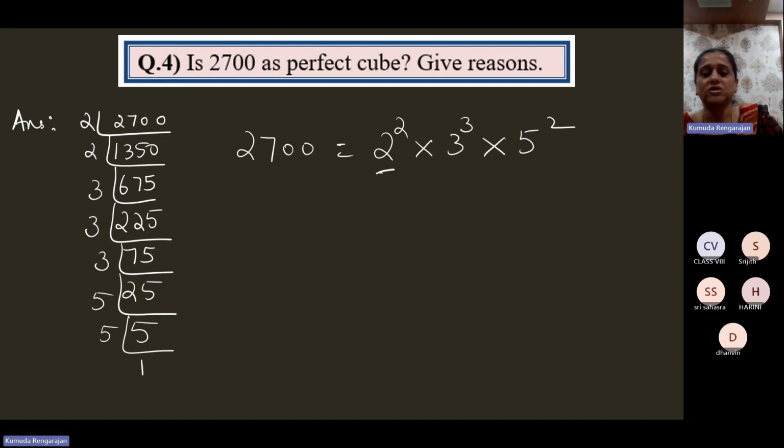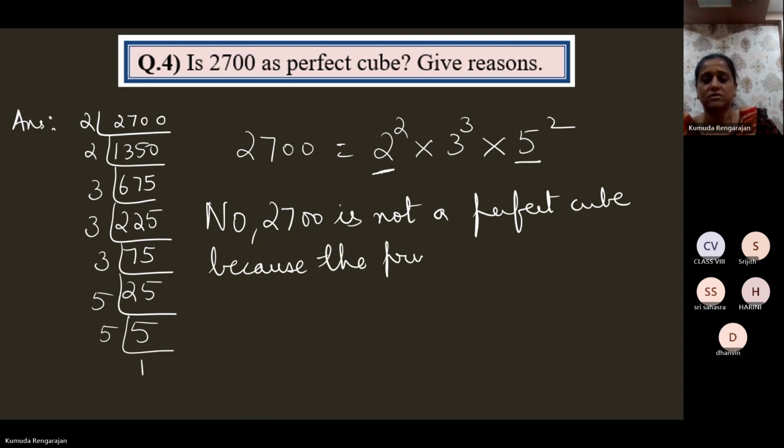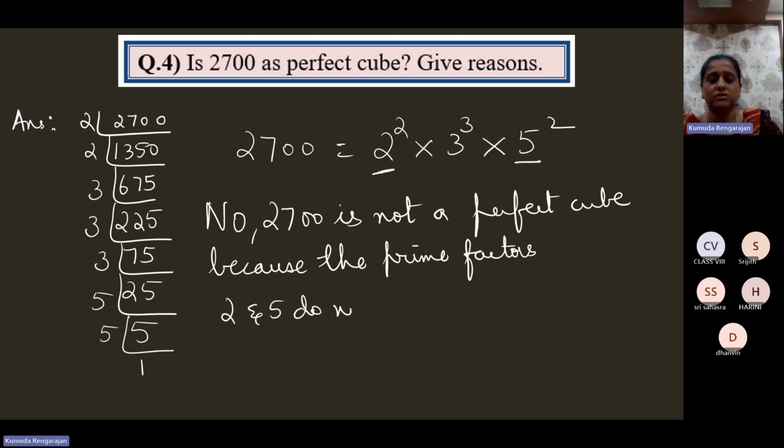See, like here, 2 and 5, they don't occur in triples. So 2700 is not a perfect cube, because the prime factors 2 and 5 do not occur in triples.